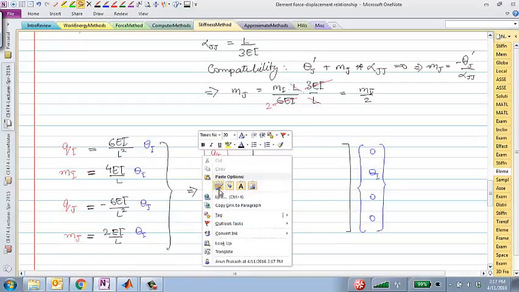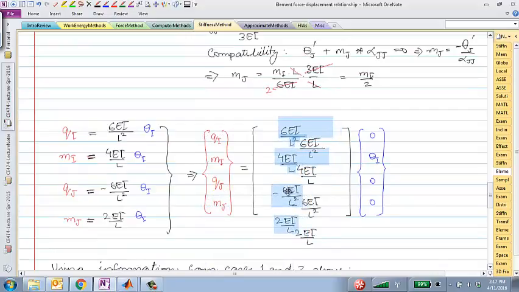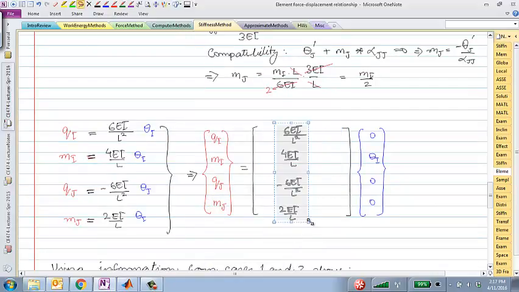So put them here, and let's see if I can fit them. And the other three values in each row do not matter because the degrees of freedom corresponding to those columns are 0.